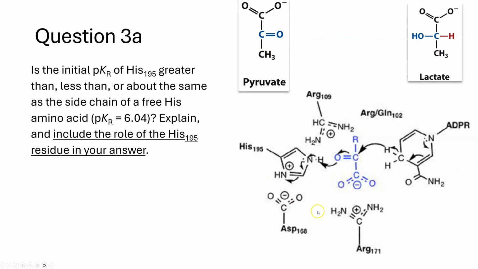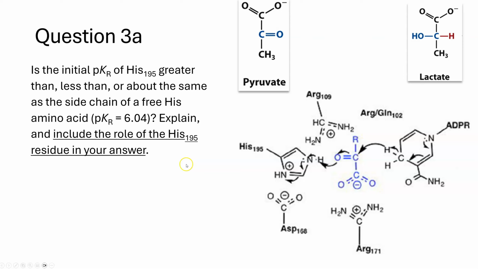So the histidine right here, this is histidine 195. We can see that we have this concerted kind of proton donation going. So the histidine has a proton, and that proton is going to be donated to this oxygen, and we're going to form a bond between the oxygen and the hydrogen, and that's going to form our alcohol group.